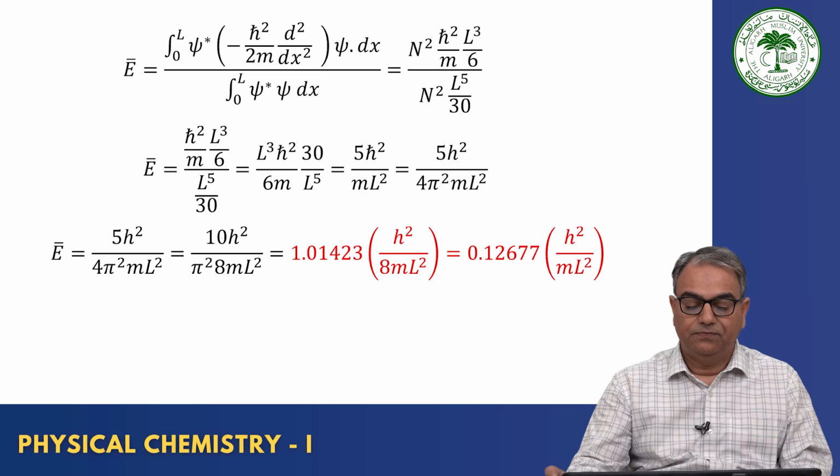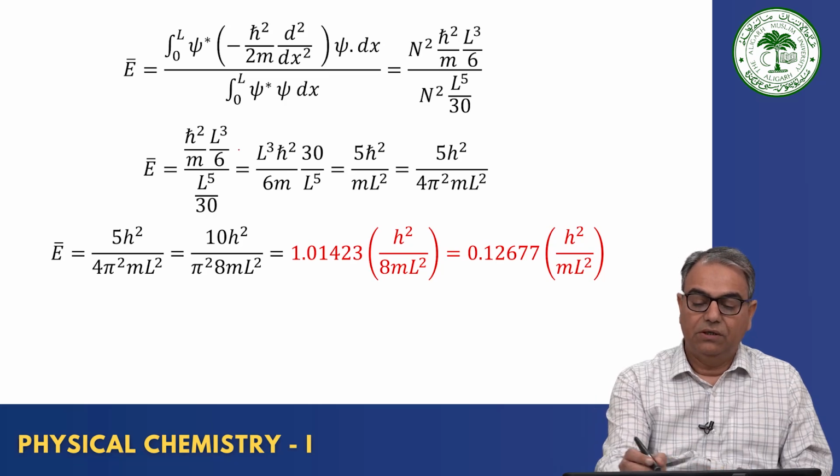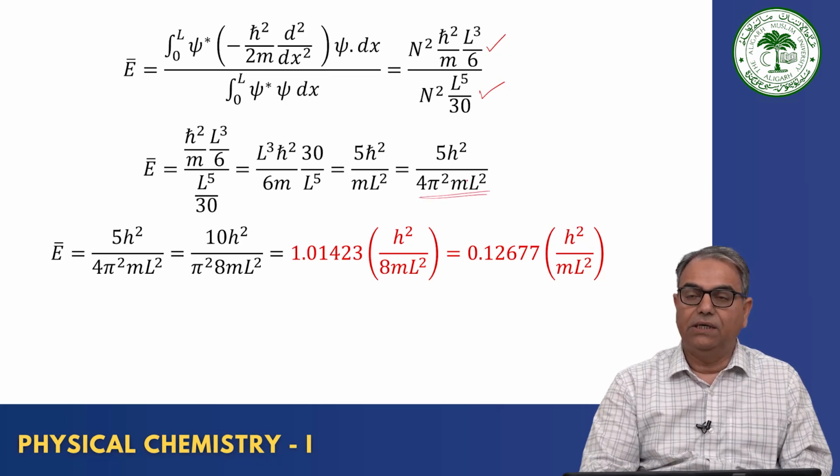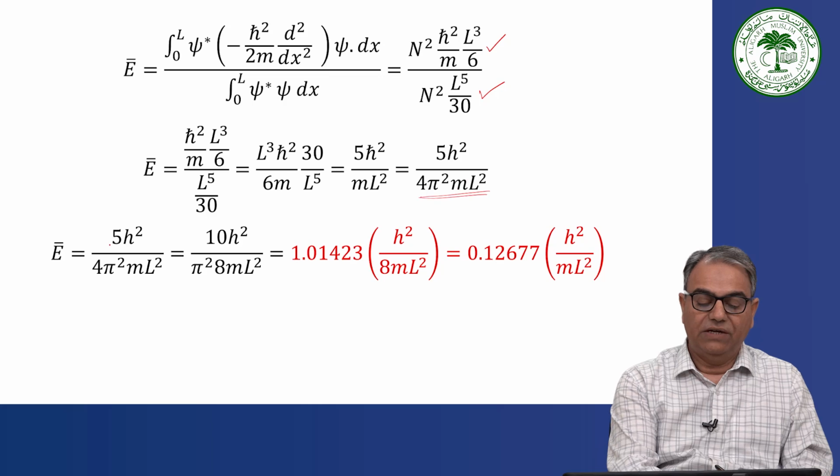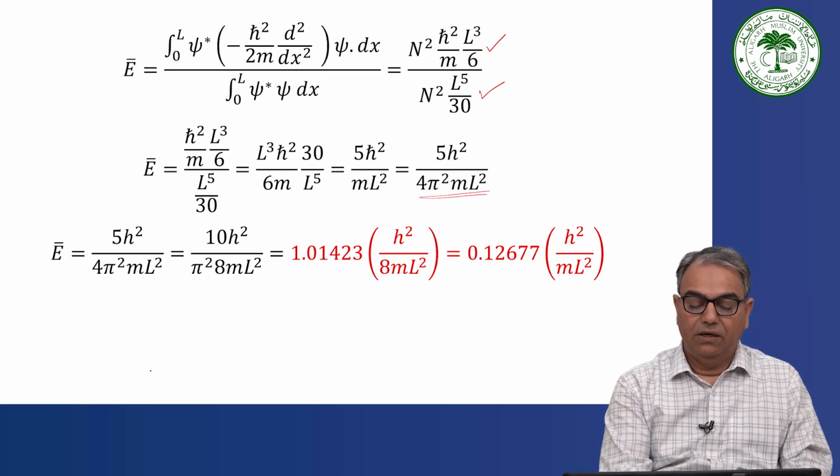If you put these values of numerator and denominator, then what you get is 5h square divided by 4 pi square m L square. So 5h square divided by 4 pi square m L square could be written as 10h square divided by pi square times 8 m L square.